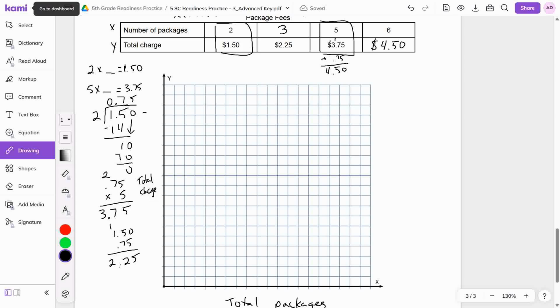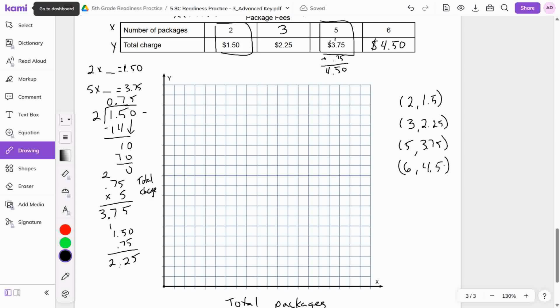Now, let's get some coordinates down. So I need 2, and instead of the 150, I'm going to put 1.5, 3, 2.25. I need 5, 3.75, and then I need 6 with 450, or 4.5.